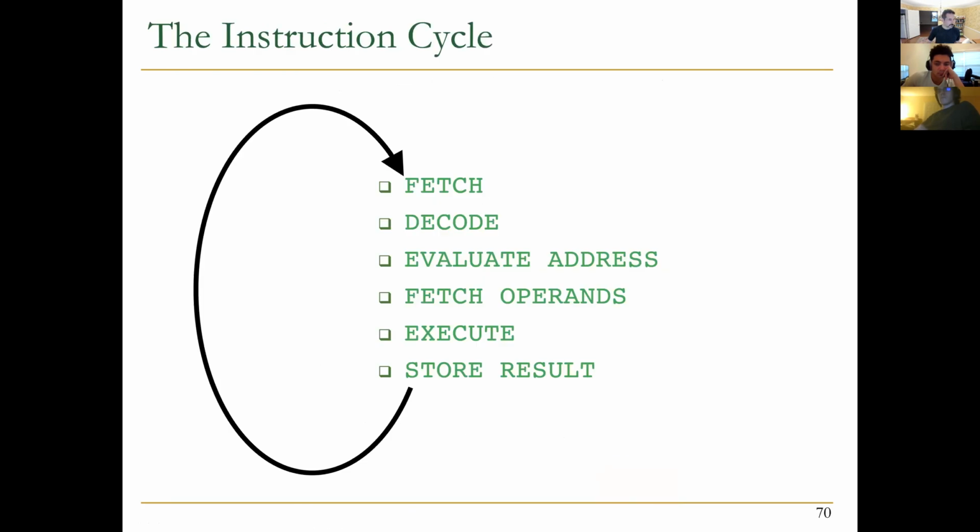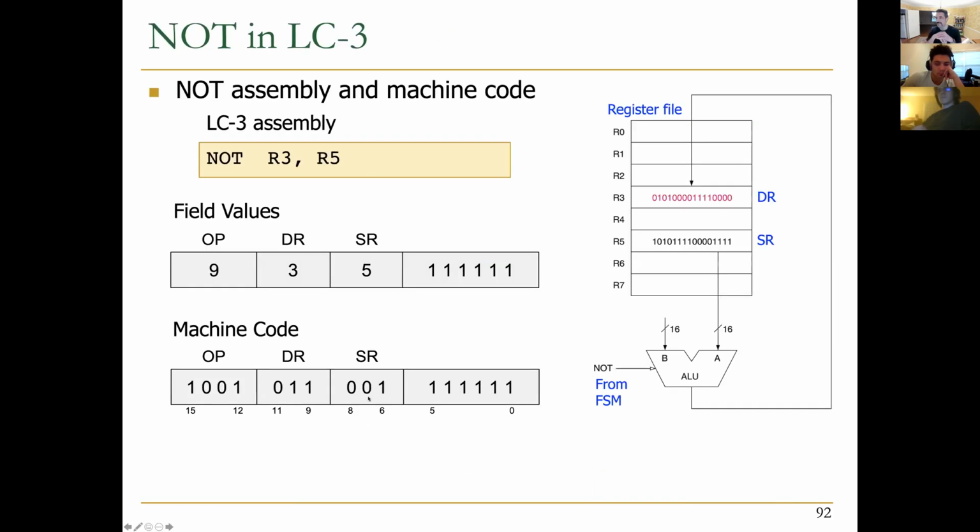Then going back, here you have a partial view of the whole machine. So the finite state machine tells the ALU to execute NOT based on this opcode 1001.